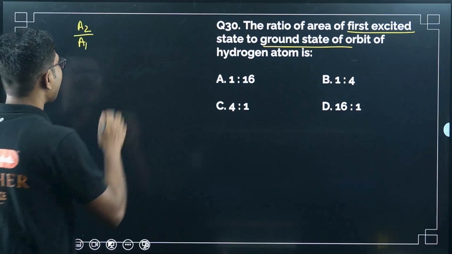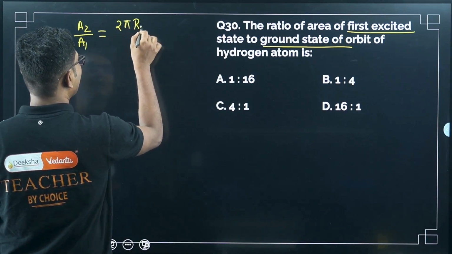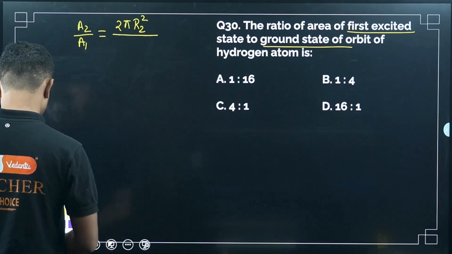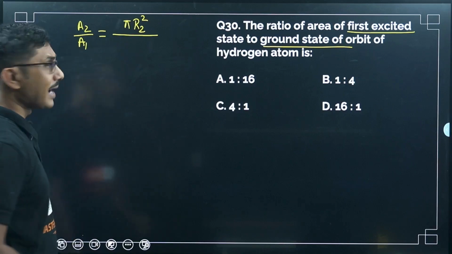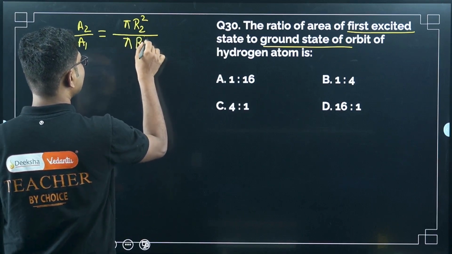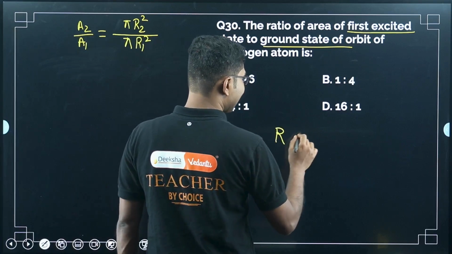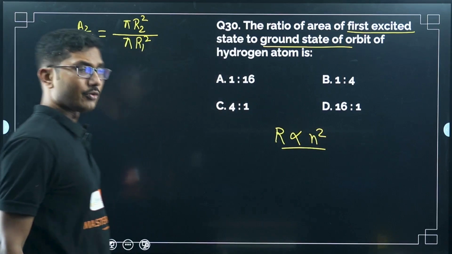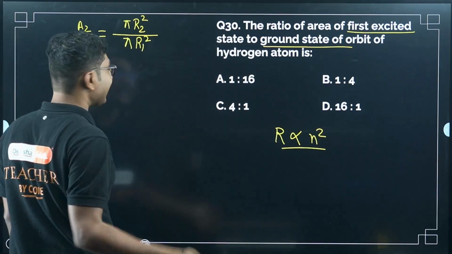Area 2 by area 1 equals pi r2 square divided by pi r1 square, right? Area is the area of a circle, the circle's area is pi r square. Also we know that radius is proportional to n square. Higher the orbit number, more is the radius, obviously.